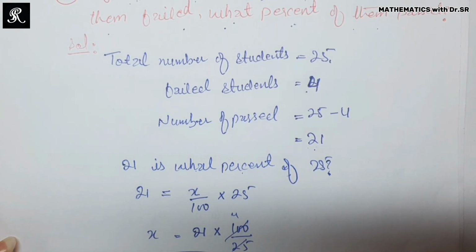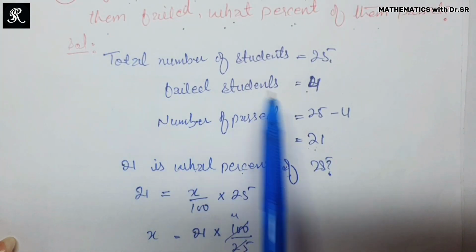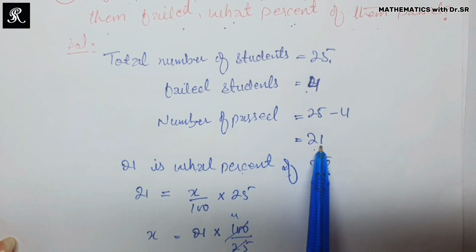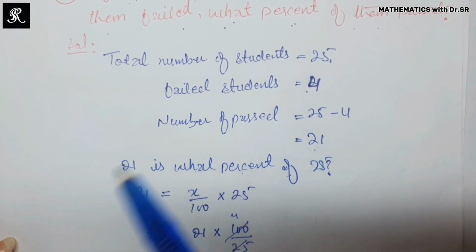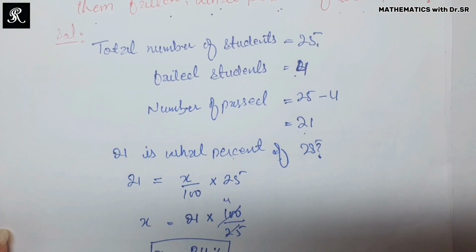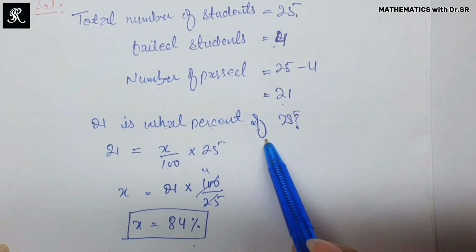Number of passed students is 84% out of 25, because the number of passed students is 21 and failed 4. In this way 84 is the percent of passed students. And also we can solve this using a fraction, another way, the same thing.